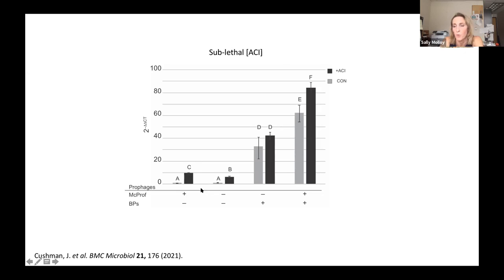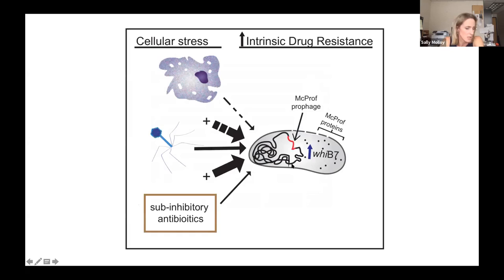But overall, the YB7 expression wasn't very high in the strain, even though it had the second highest amikacin resistance. Again, indicating that there's other factors at play besides YB7 here. In a nutshell, sub-inhibitory concentrations impact YB7 and drug resistance, and if McProf is present, that's amplified.